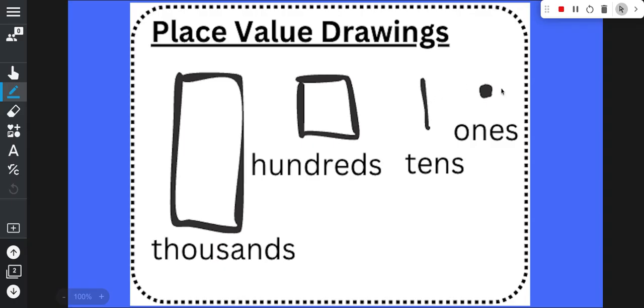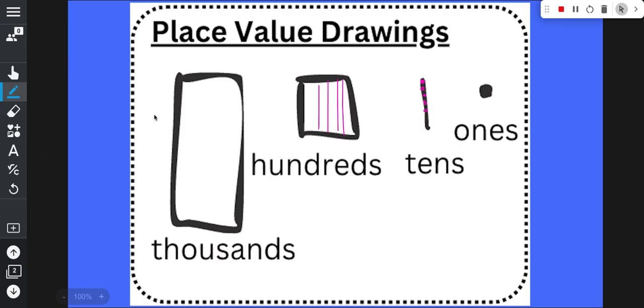The reason this works is if I stacked 10 dots on top of each other, I would end up with a stick. If I took 10 sticks and I lined them up next to each other, I would end up with a square. And if I took 10 squares and stacked them on top of each other, I would end up with a rectangle.